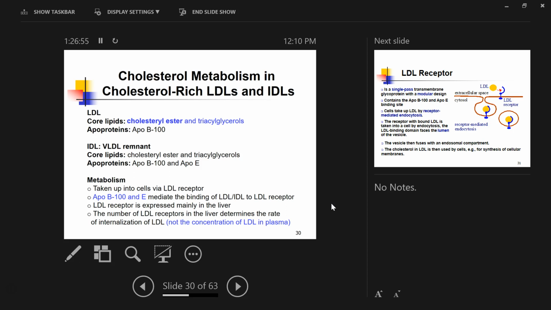And the last point I think is very important. The number of LDL receptors in the liver determines the rate of internalization or uptake of LDL, and not the concentration of LDL in the plasma. Does this make sense?